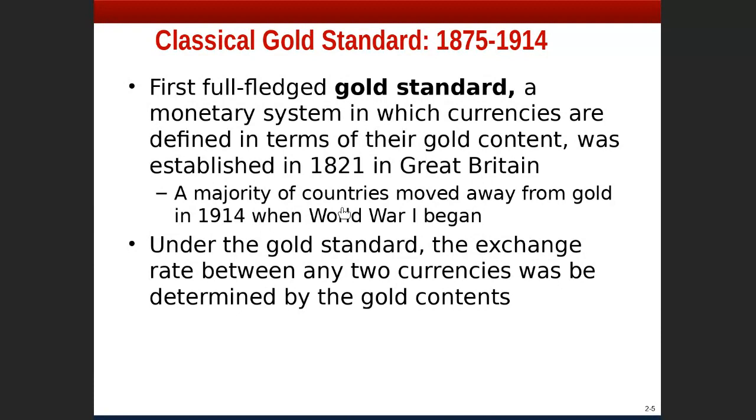A majority of countries moved away from gold in 1914 when World War I began. Under the gold standard, the exchange rate between any two currencies was determined by the gold contents.